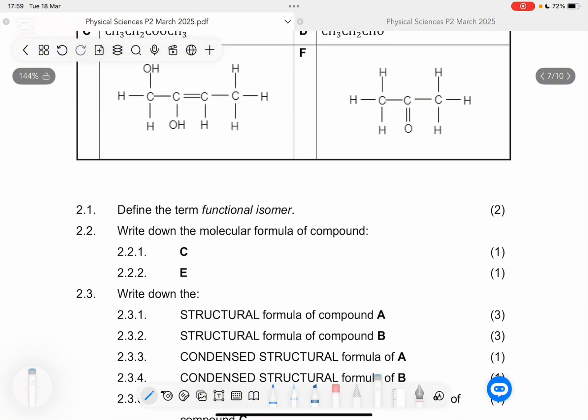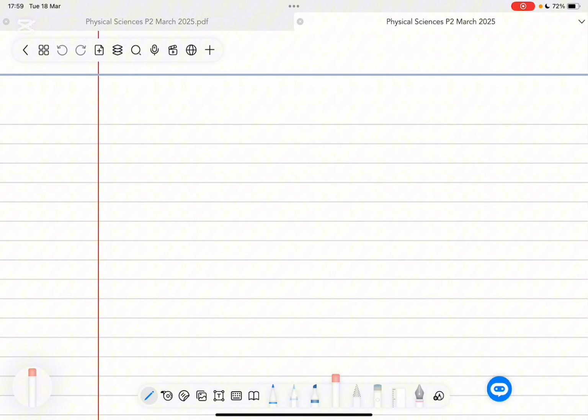Question 2.1 says to us, define the term functional isomer. As I said, they could ask you about isomers here, because we are given structures that may possibly be isomers of one another.